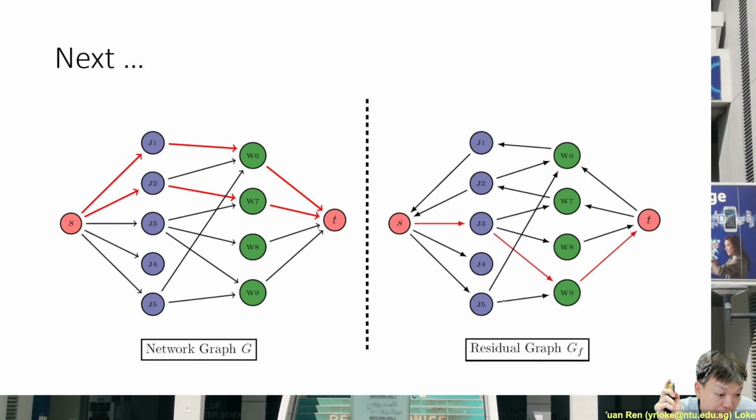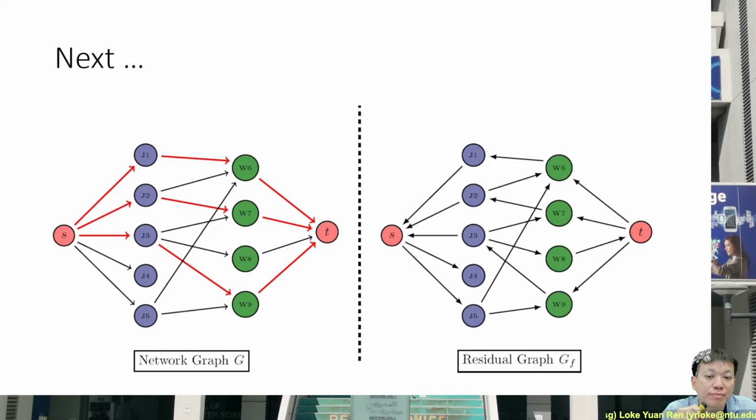This is the third one. The key will be the next one. If that is okay, then after you update, you will find the next one. What is the next path you can find?